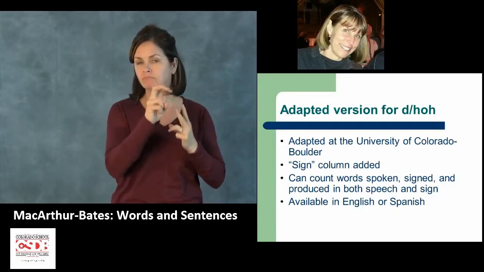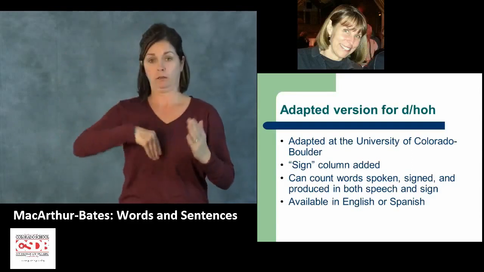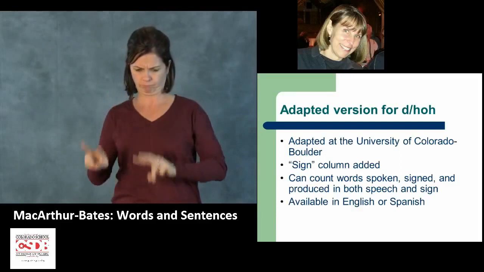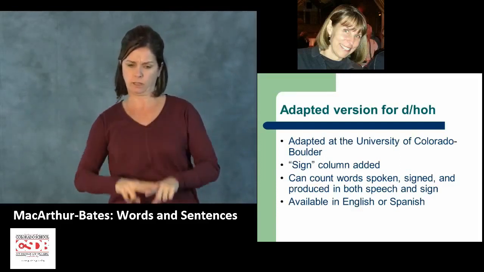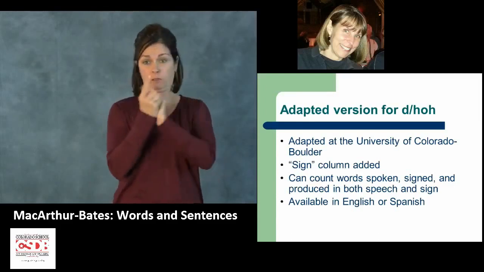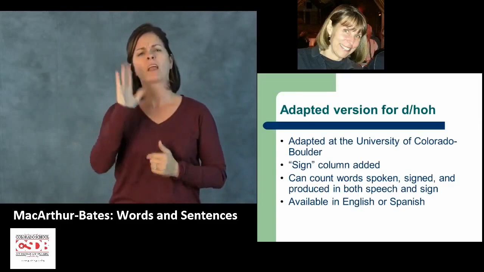After the parent completes the form, the examiner can then get a feeling for the balance of the child's vocabulary in terms of the modality that they're using. Our adapted version is also available in both English and in Spanish. I'll show you a sample page from that instrument.